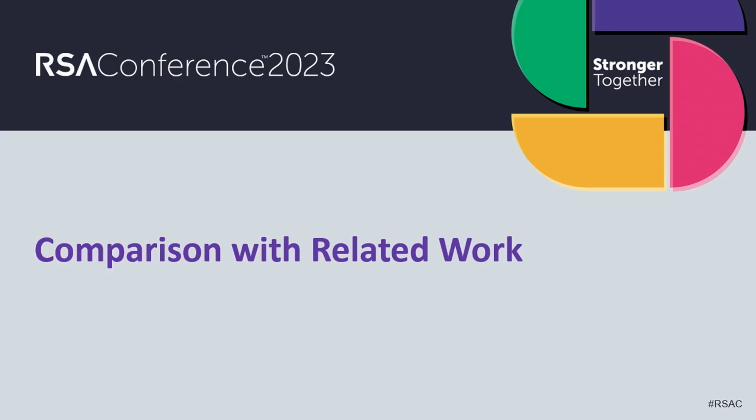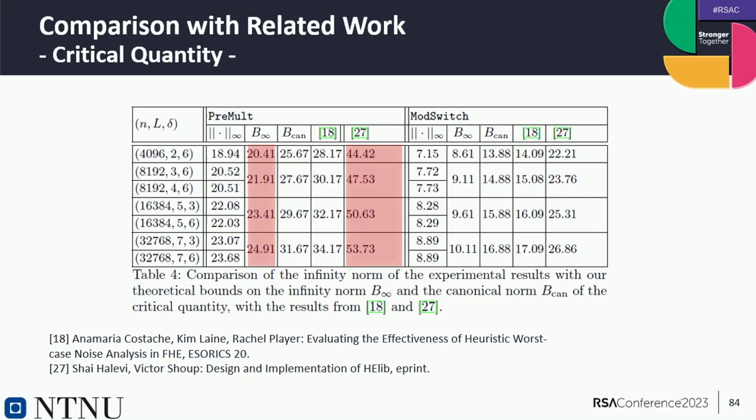And so then we use these standard deviations to calculate the bounds, as I said on a previous slide, and compared these bounds with previous work. And so this is an example of what we got. Here in the first column, again, the parameter sets, then this column is the infinity norm that we experimentally obtained. B infinity is our theoretical bounds.